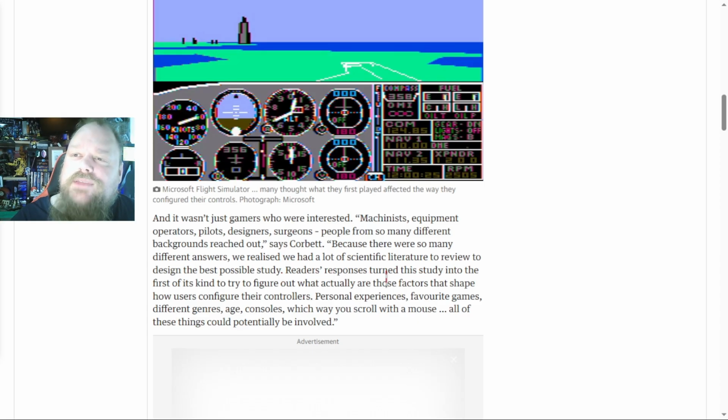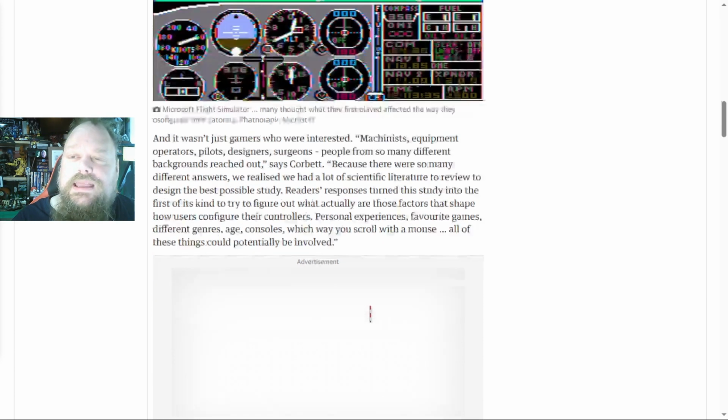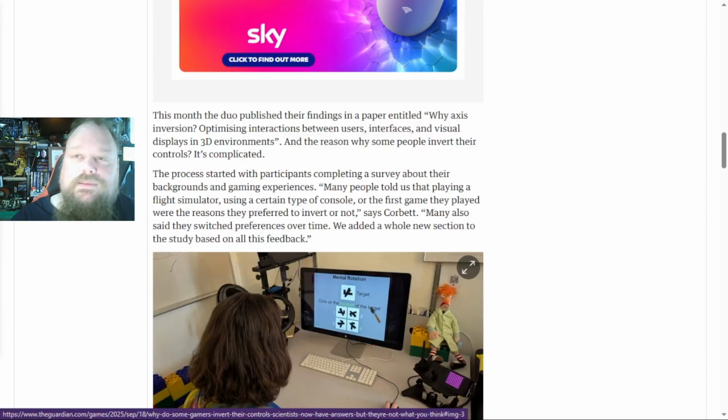Readers' responses turned this study into the first of its kind to try to figure out what actually are those factors that shape how users configure their controllers. Personal experiences, favorite games, different genres, age, consoles, which way you scroll with a mouse, all of these things could potentially be involved. This month, the duo published their findings in a paper entitled Y-axis inversion.